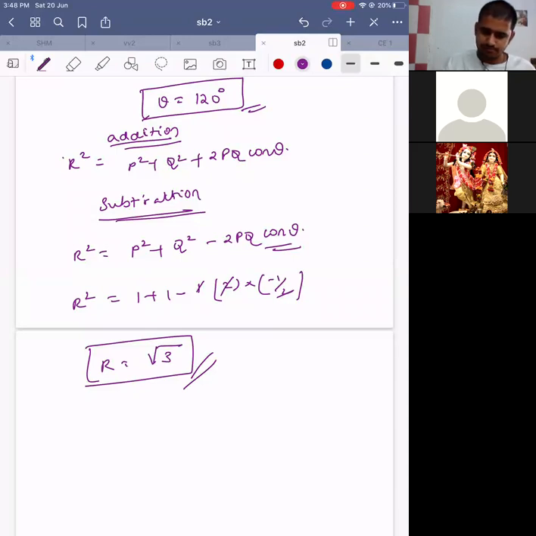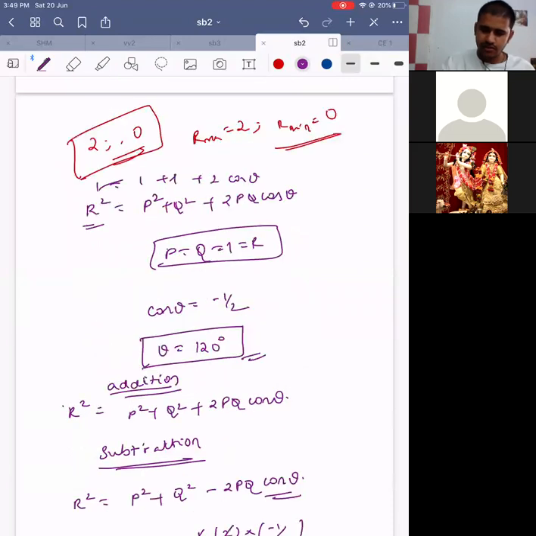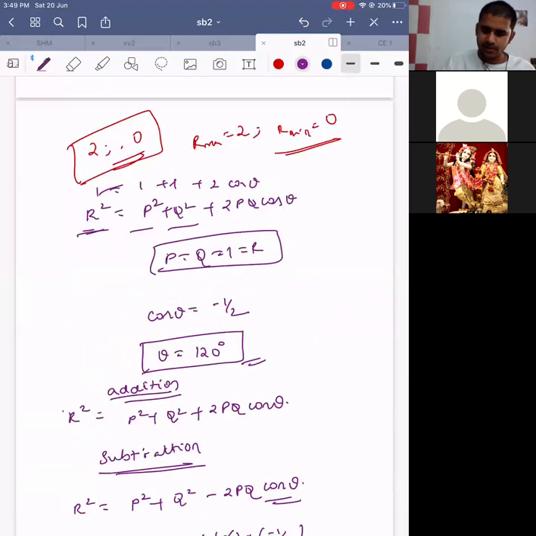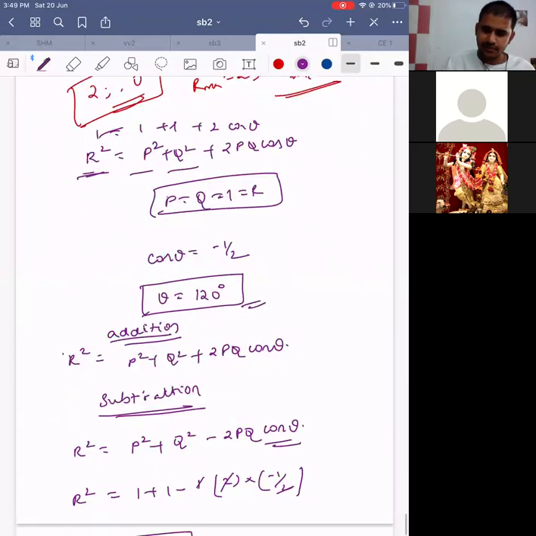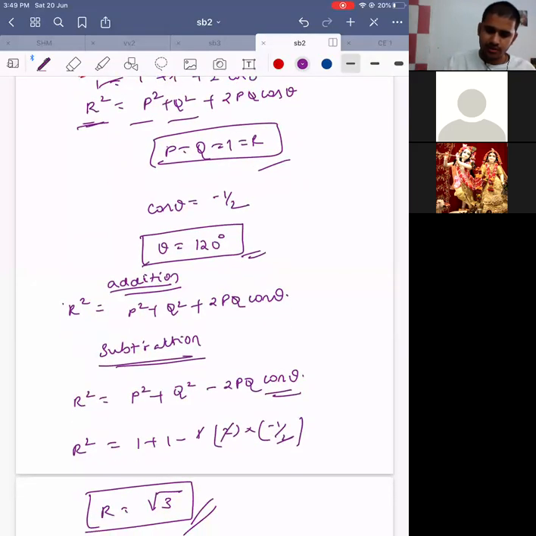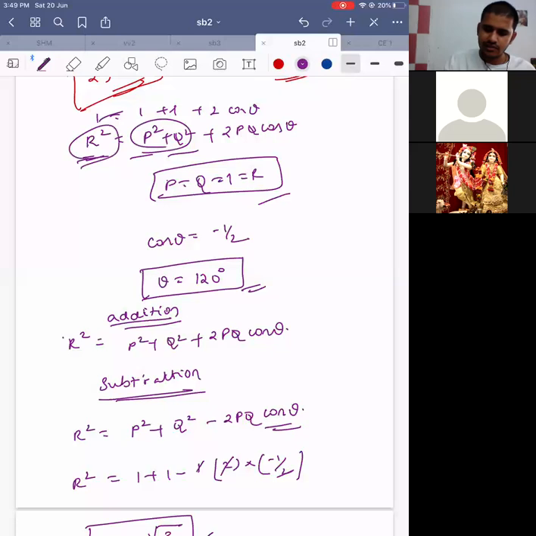So, see here. First, we got unit vectors, so P, Q, R all are equal to 1 because this is a unit vector. From there, if you substitute the P, Q, R values, 2 cos theta is equal to minus 1, so cos theta is equal to minus 1 upon 2, which is 120 degrees.